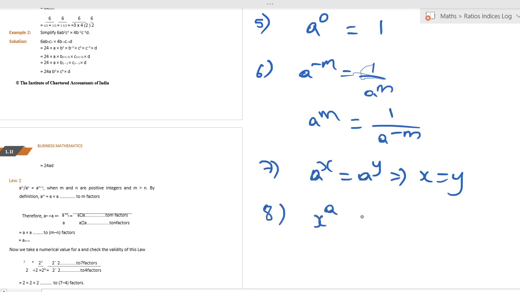Let us say x power a is equal to y power a, then x equals to y. Here, when powers are equal, bases will be equal.